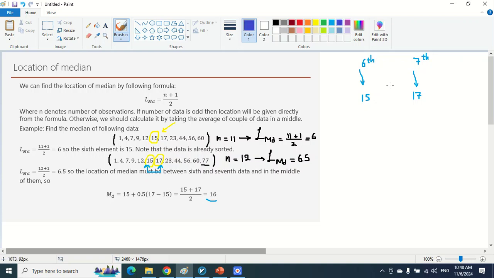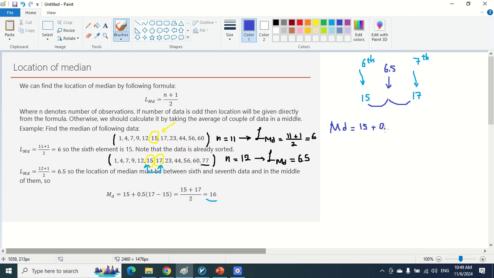As I said before, the median is located in the middle of them, which means half of the length should be traveled from 15 and half remains to the next one. The location that we found was 6.5. So to calculate the median, I start from location 6, which is equal to 15, and then I add half of the space between them.